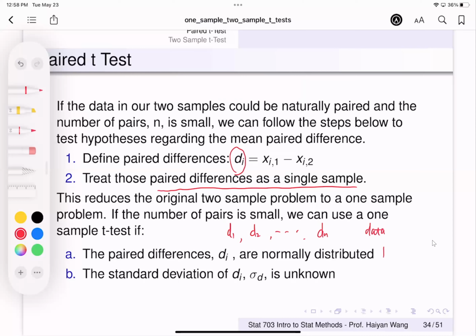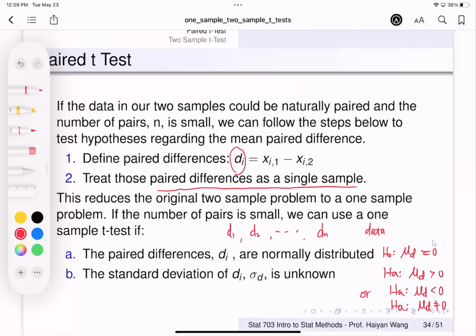We're trying to test, for example, whether the mean of D is equal to a constant, let's say 0, versus one of the alternative hypotheses. For example, mu_D greater than 0, or the alternative could be the difference has mean less than 0, or the two-sided hypothesis, the difference has mean not equal to 0.